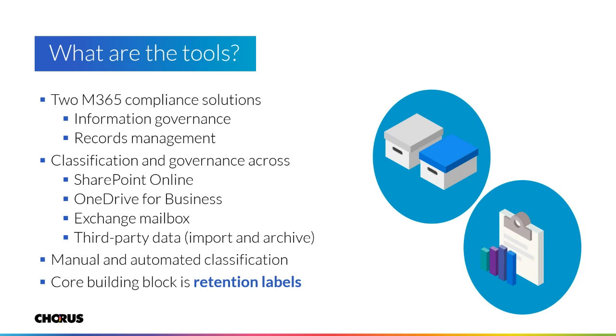These solutions give us classification and governance across SharePoint, OneDrive, Exchange mailboxes, and a range of third-party data as well through an import and archive process. And it supports both manual and automated classification.